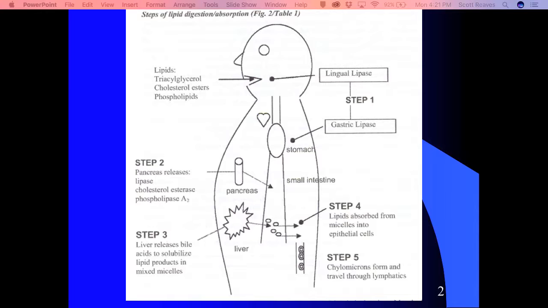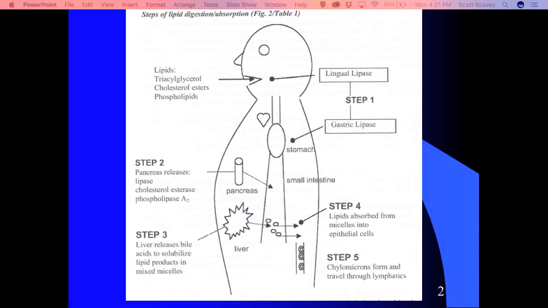Gastric lipase is secreted by cells within the stomach. So when the fat comes into the stomach, gastric lipase hydrolyzes some of the triglycerides. Now, neither lingual or gastric lipase has a huge effect on triglycerides. They hydrolyze some of the fatty acids, but that process is relatively fast when it goes through the mouth into the stomach.